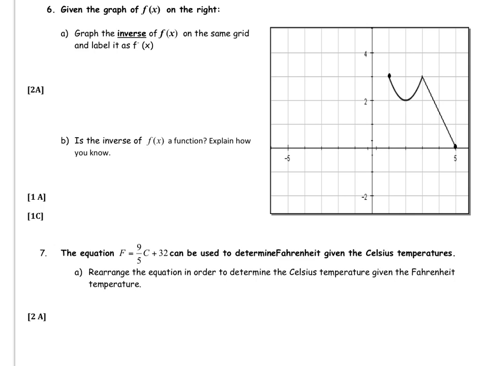Whatever the coordinate is in f(x), we just flip x and y. We are going to start with this point. The coordinate, as you can see from the graph, is (1, 3). So on the inverse, instead of (1, 3), it's going to be (3, 1). So (3, 1) is going to be this point.